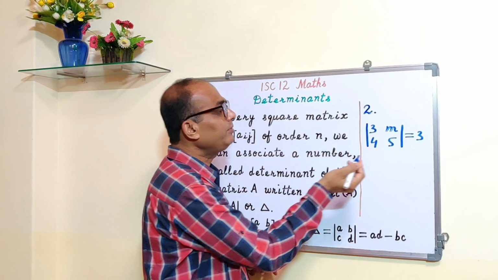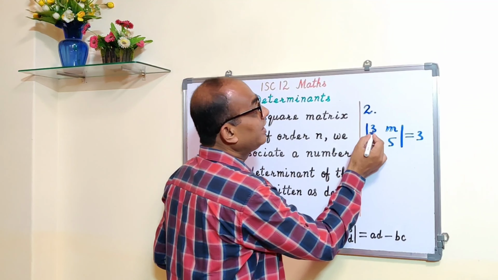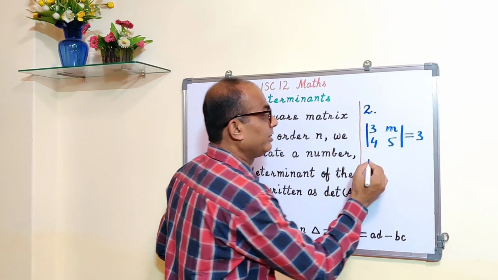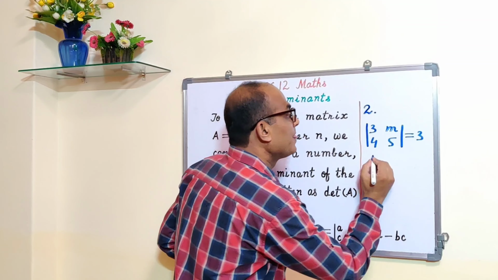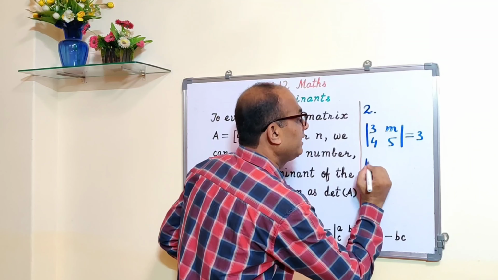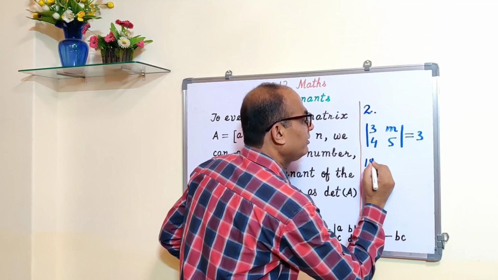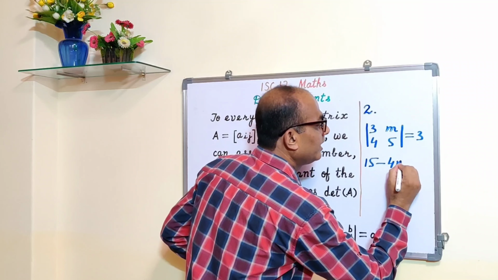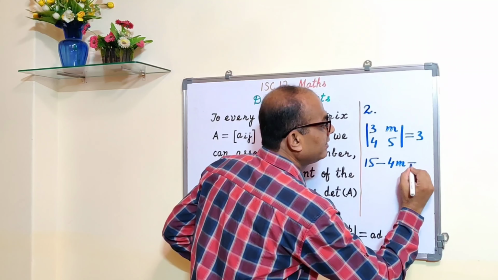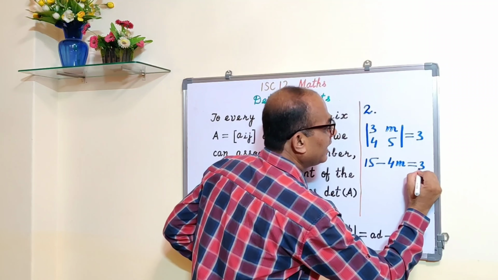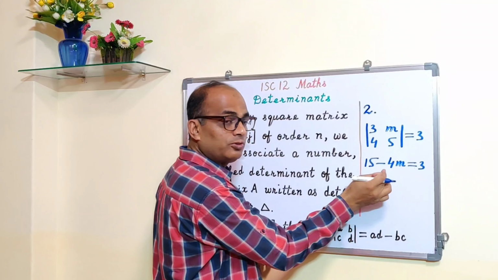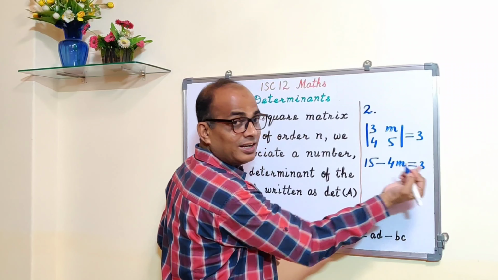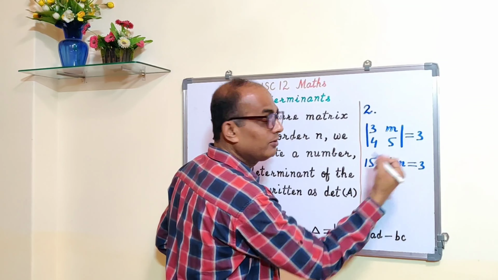So let's simplify. Let's evaluate the left hand side. 3 into 5 is 15, directly I am writing down 15. You can write down one more step as I showed you in the previous solution. 15 minus 4 into M is 4M, and this is equal to 3. Now this 4M you transpose from the left hand side to the right hand side, so plus 4M, and this 3 comes to this side. So 15 minus 3 equal to 4M.